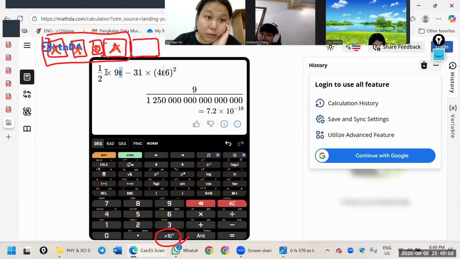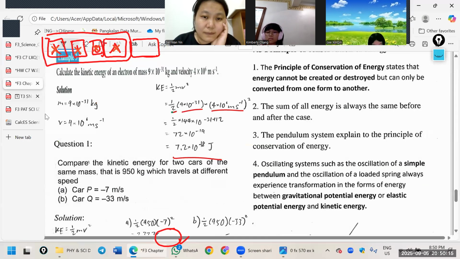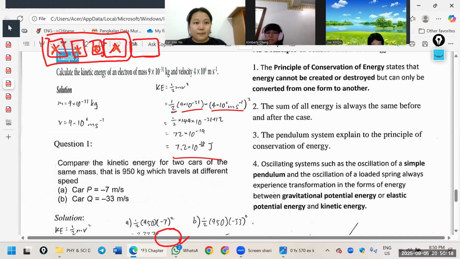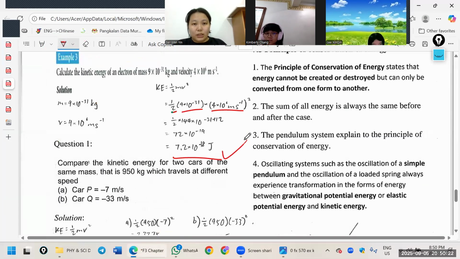Times 10 powers of, change to this one exponent. Times 10 powers of, and then directly press negative 31 times 10 powers of 6. Can? Your way is also okay, but this is faster. If you want fast, do this.